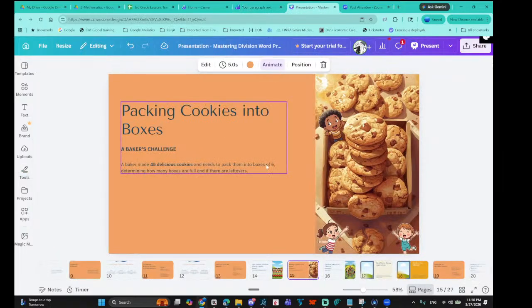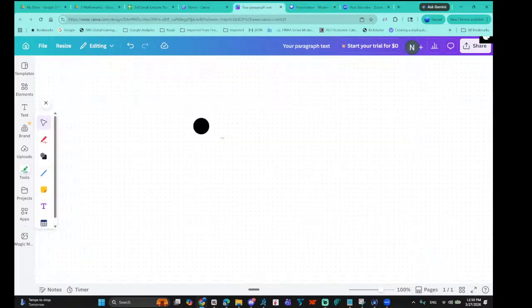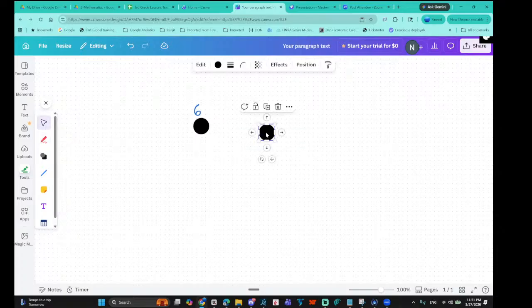So as you can see, the boxes have to have 6 cookies each. So we'll have one box with 6 cookies, and this equals 6. And then we'll have another box of 6.